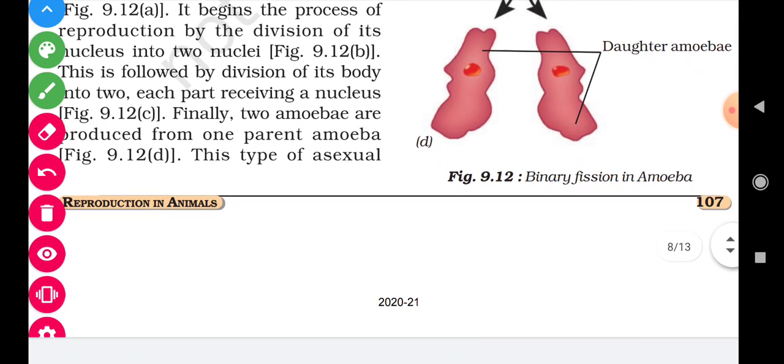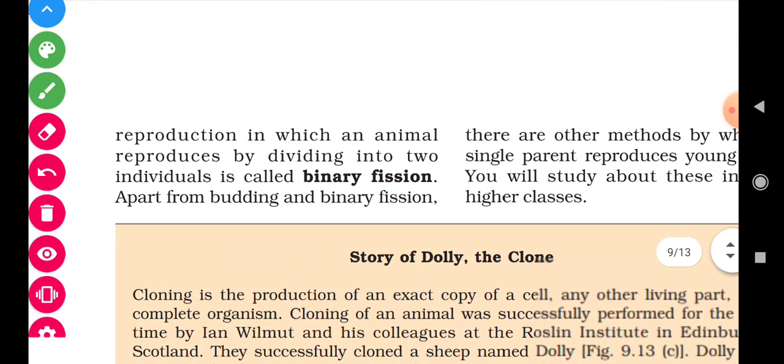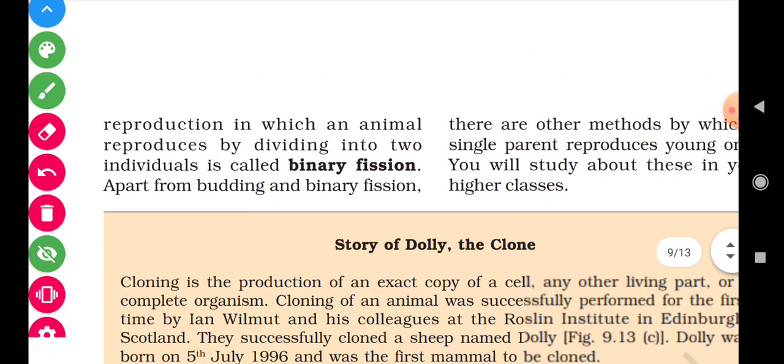This type of asexual reproduction in which an animal reproduces by dividing into two individuals is called binary fission. So student, in Hydra, the budding process will reproduce the new individual, while in the amoeba, the binary fission process will reproduce it, in which an animal reproduces by dividing into two individuals. Okay.